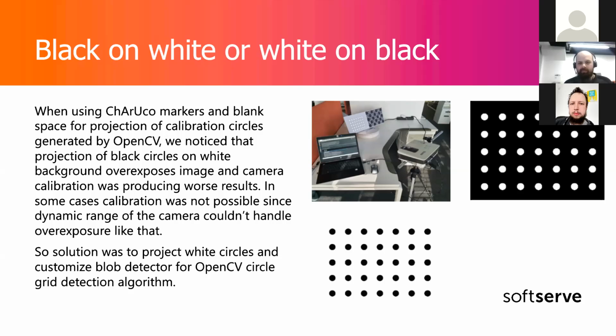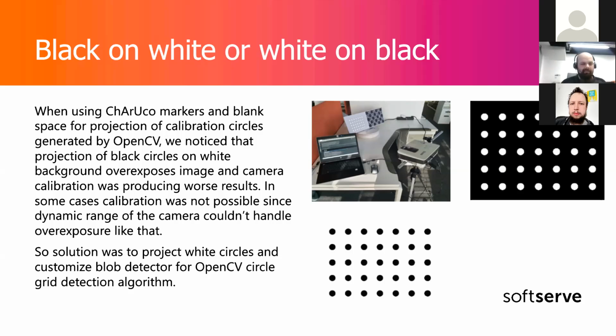And when we projected this image onto our calibration board, our camera had very low dynamic range. So basically, our calibration board was overexposed, and we had a problem even with calibrating the camera.